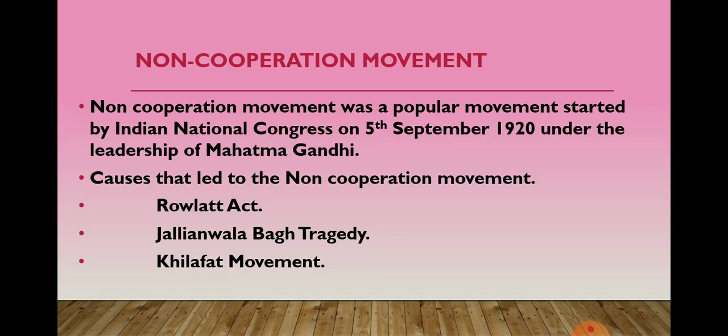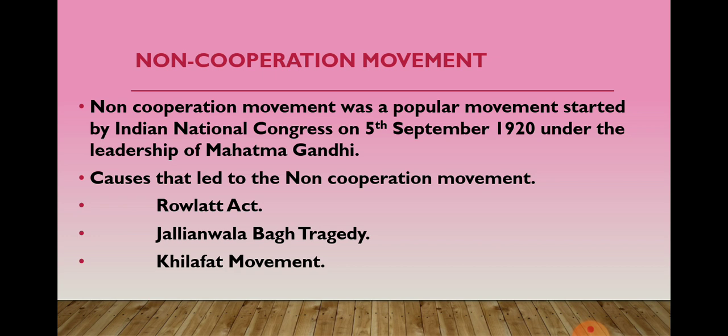The non-cooperation movement was a popular movement started by Indian National Congress on 5th September 1920 under the leadership of Mahatma Gandhi. For starting this movement, there were some causes.